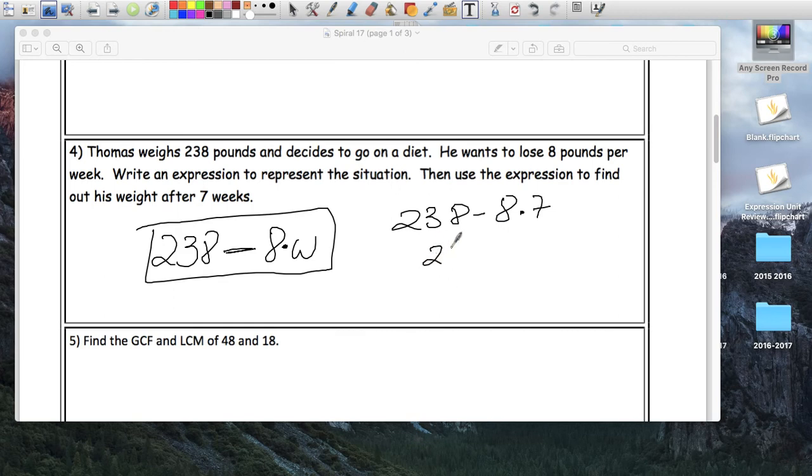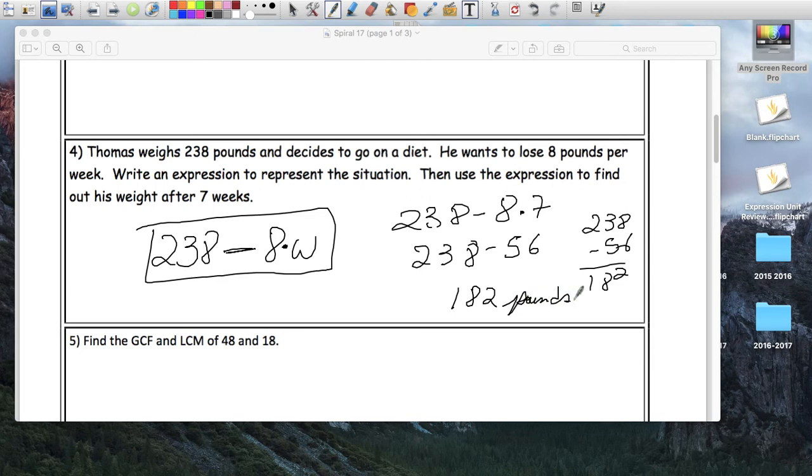And it's going to be 238 minus 56. 238 minus 56, you get 182. So after 7 weeks, he's going to be at 182 pounds. Not bad, it's pretty good actually.